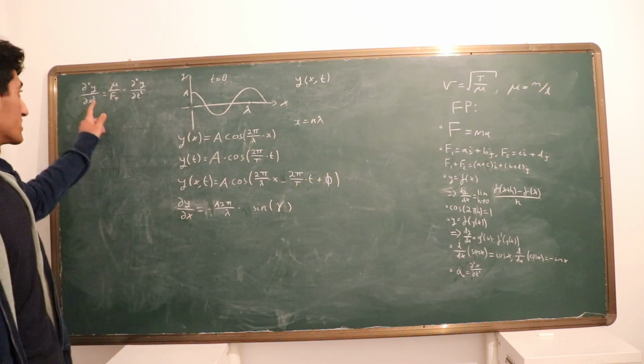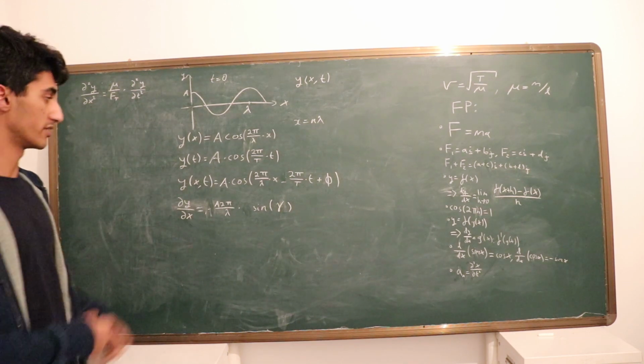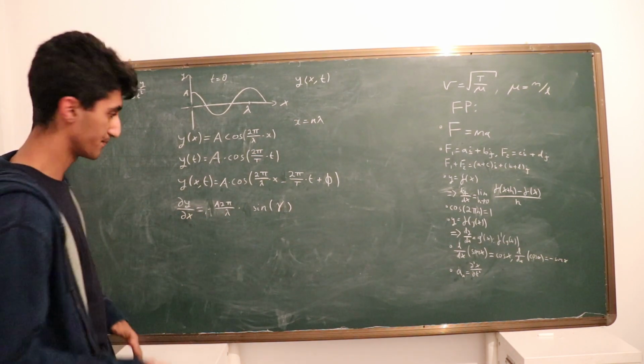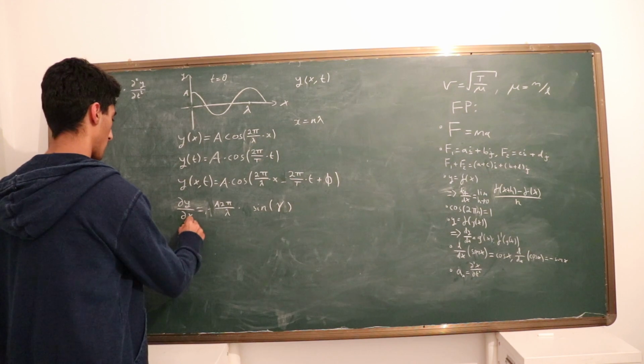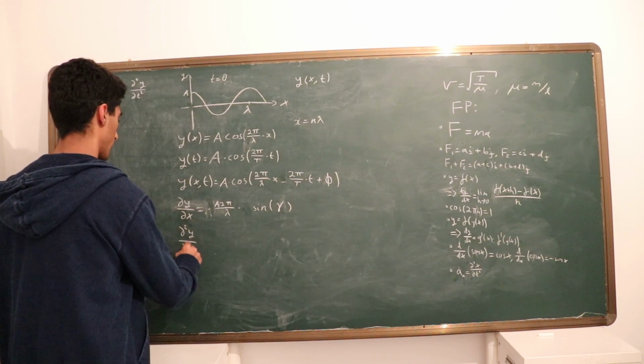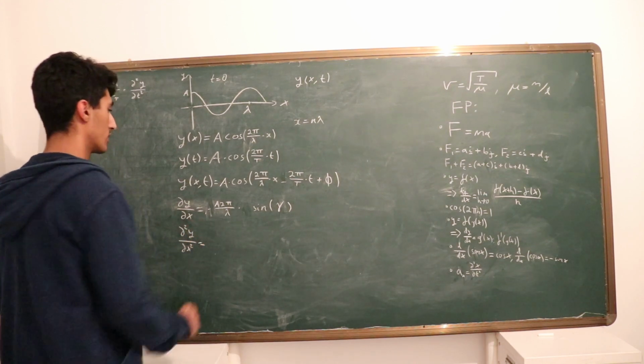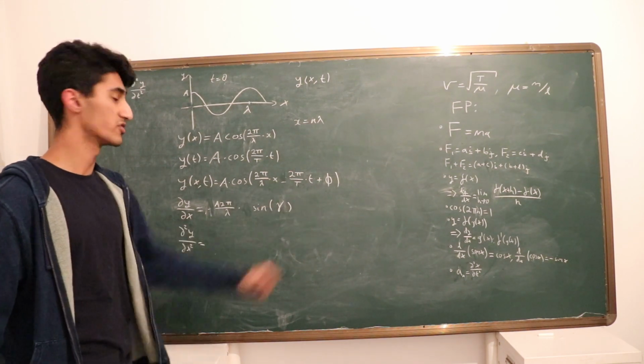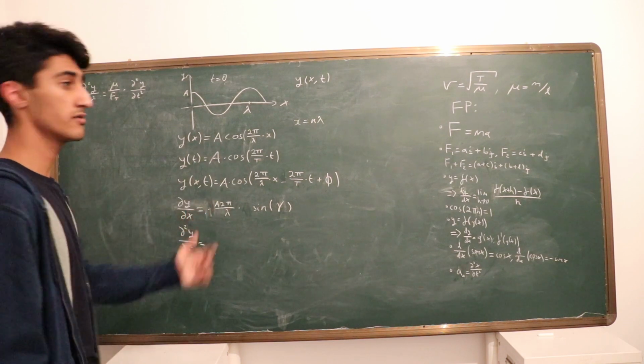But we don't want this, we want the second derivative of y with respect to x, so we're going to do the same process again. Now this is just a constant, so once again we just leave it be. Now, same thing, we're going to differentiate this inner function with respect to x. It's going to be the same constant that you bring out.